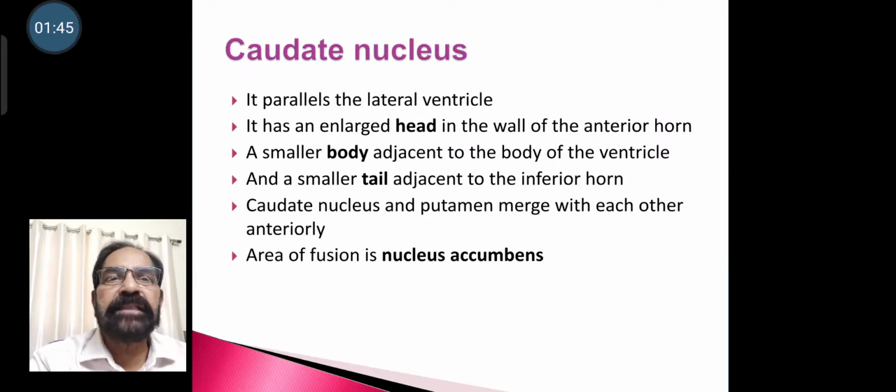It has an enlarged head in the wall of the anterior horn, a small body adjacent to the body of the lateral ventricle, and a smaller tail adjacent to the inferior horn of the lateral ventricle. Caudate nucleus and putamen merge with each other anteriorly, and the area of fusion is the nucleus accumbens.